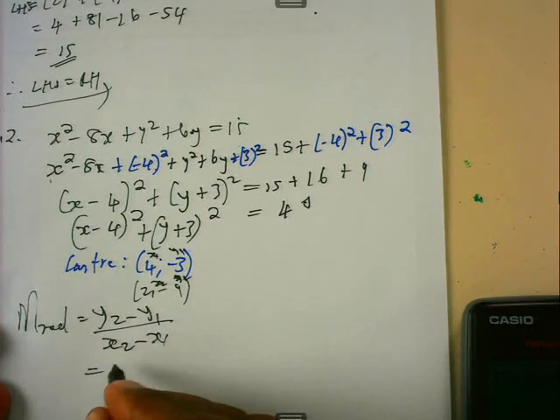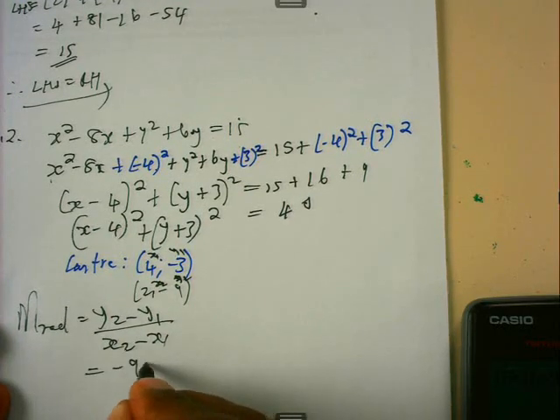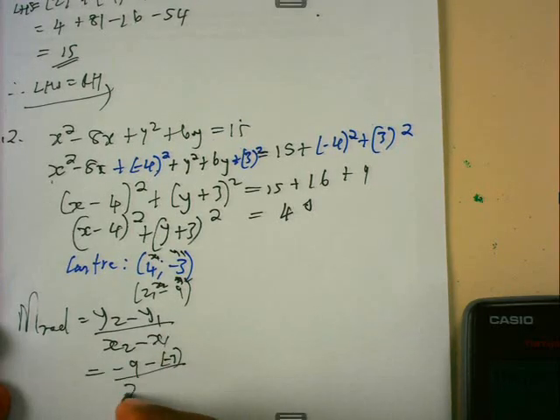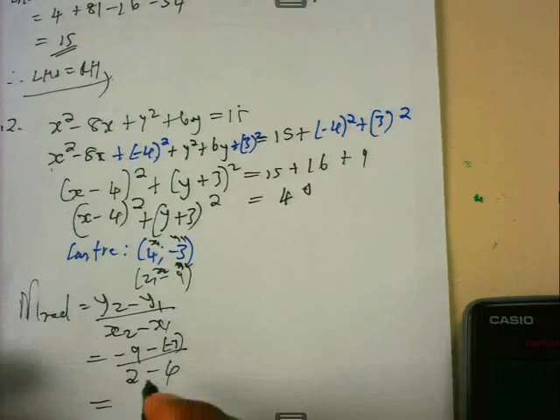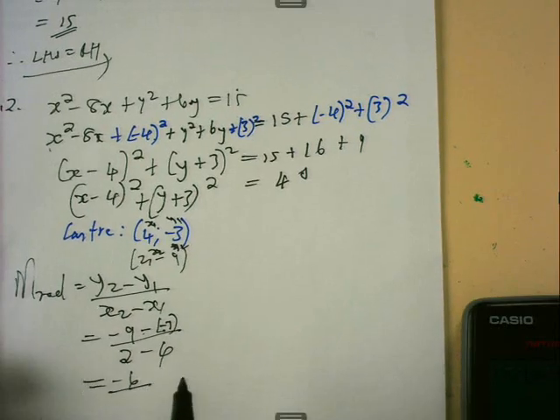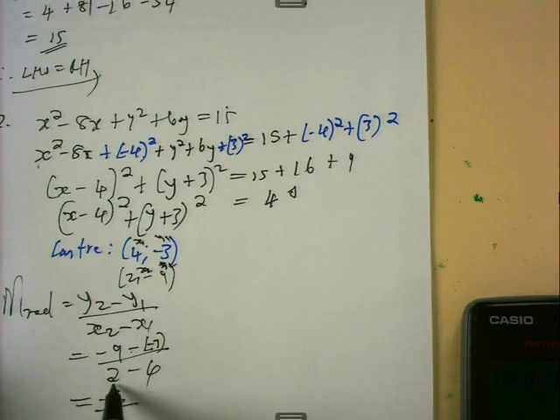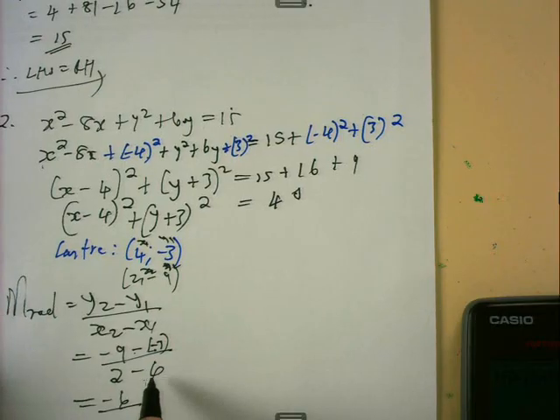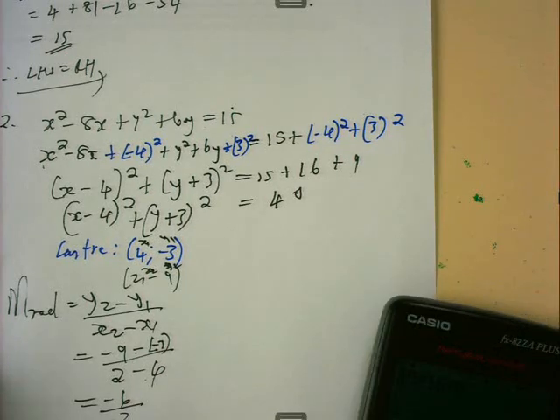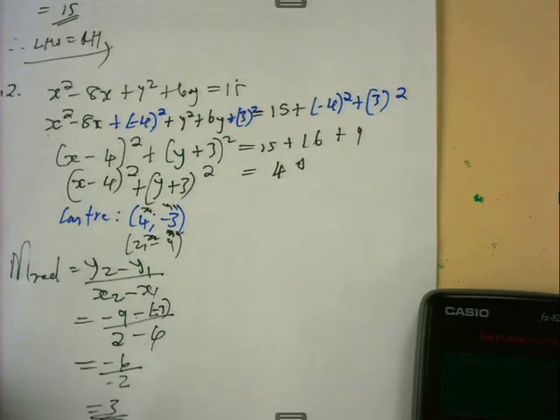What is y2 there? y2 is minus 9 minus 3. Good. Then x2, that is 2 minus 4. And now the answer, negative times negative is a positive. Minus 9 plus 3 is minus 6, then divided by 2 minus 4, it's minus 2. Then the answer there is positive 3.